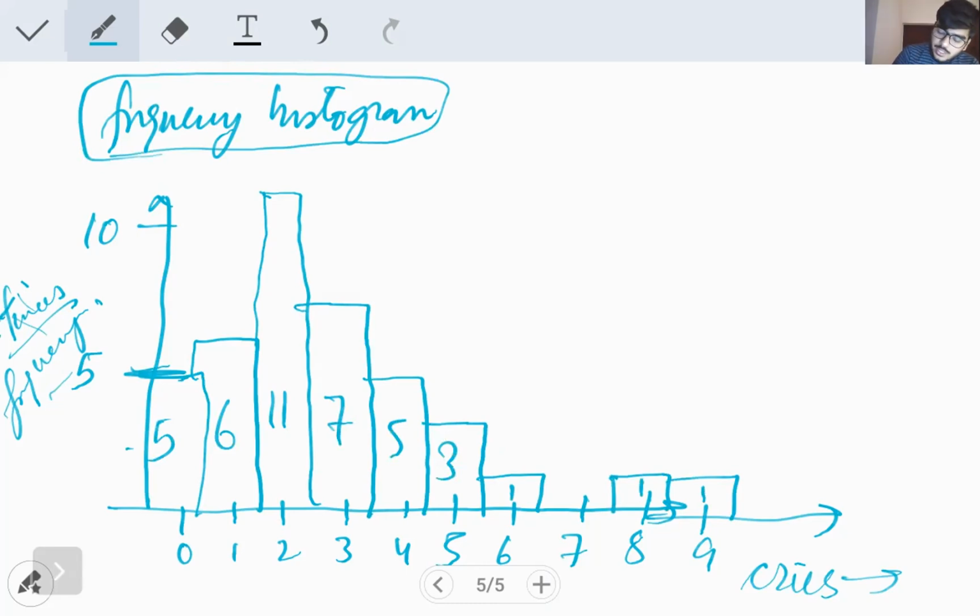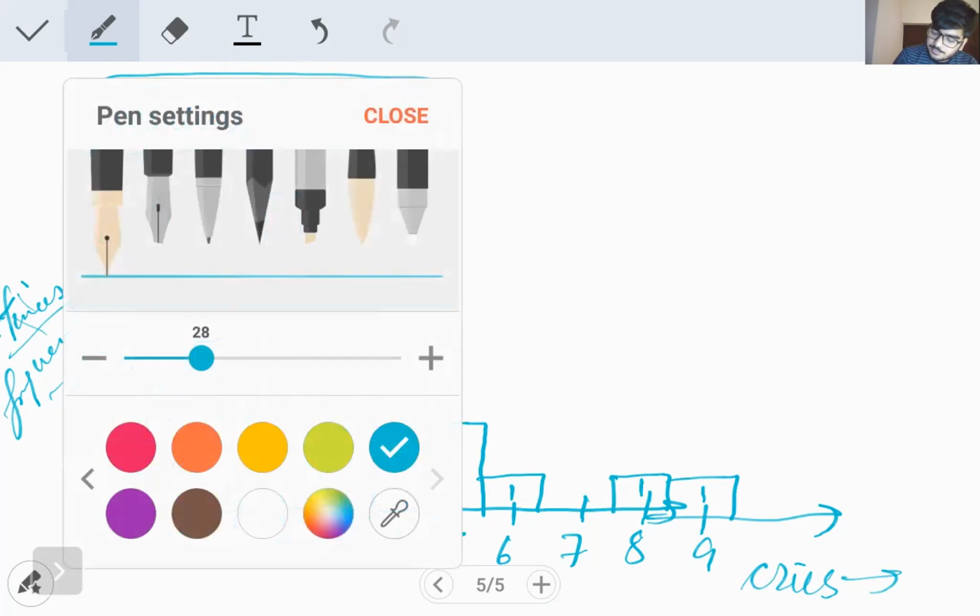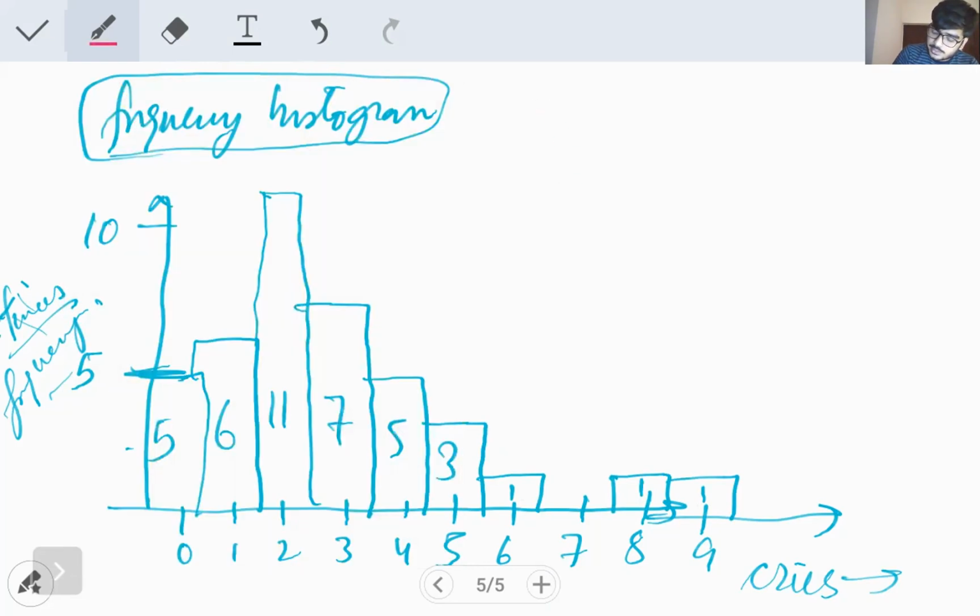So what conclusion we have drawn from this histogram is there were 5 students who had no cry.